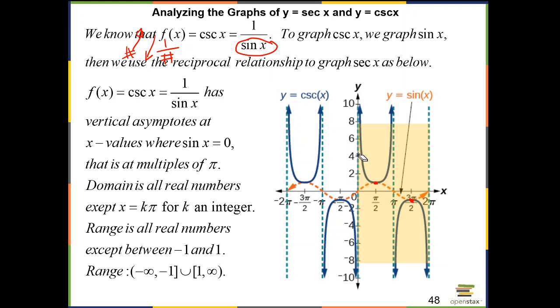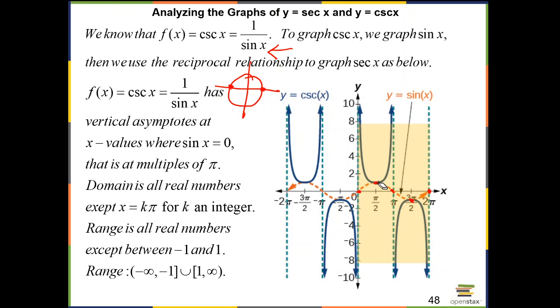So what is the domain of cosecant? Well, the cosecant will not be defined when the denominator is 0. And we know when sine is 0 in the unit circle, and in the graph of sine, whenever it crosses the midline, at this point, at this point, at this point, we have vertical asymptotes.